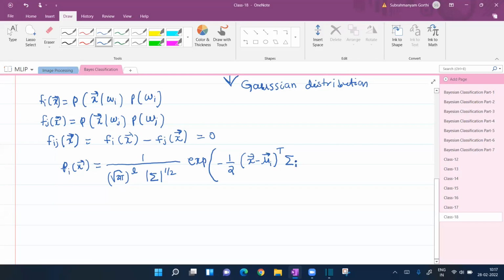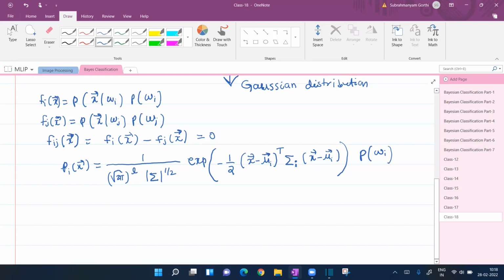Notice each class can have its own distribution. So this is for the ith class, into x bar minus mu i bar. This is the likelihood function multiplied with probability of omega i, that's all. Hope everybody is clear till here. I just have replaced that likelihood function with the Gaussian expression. Nothing else I did here.